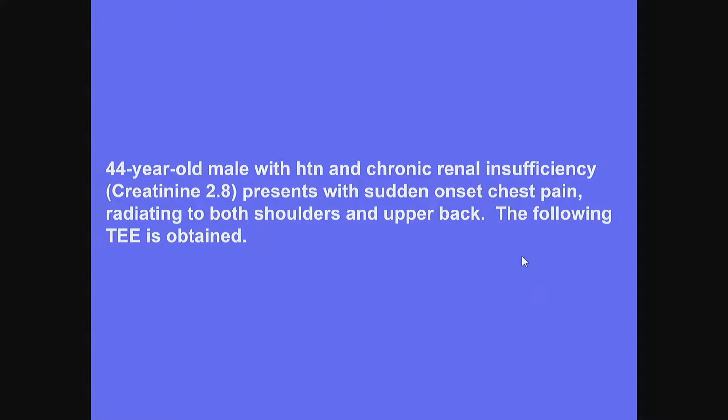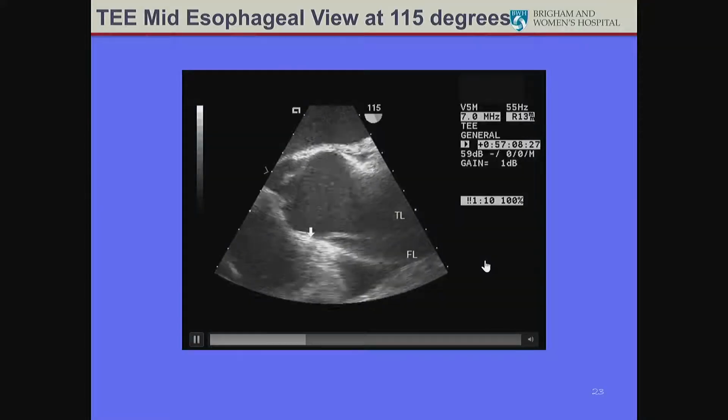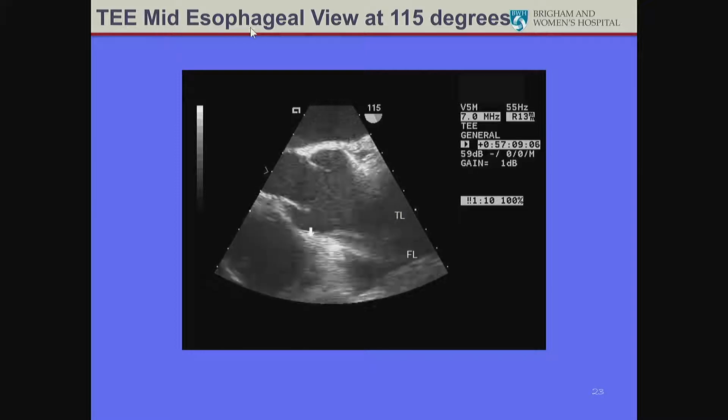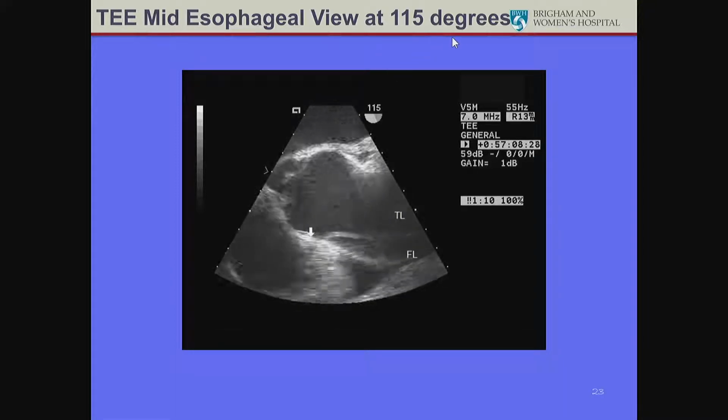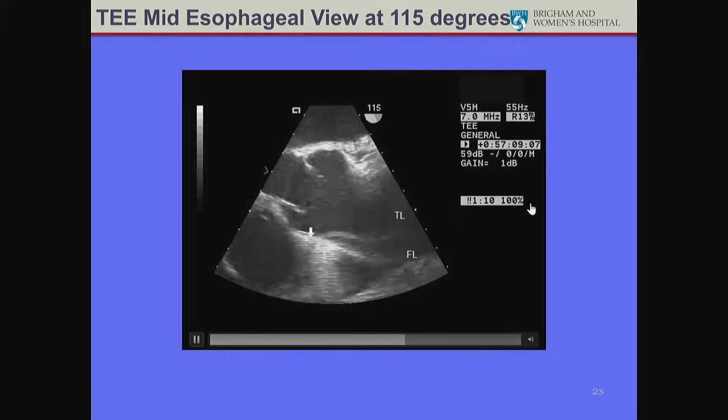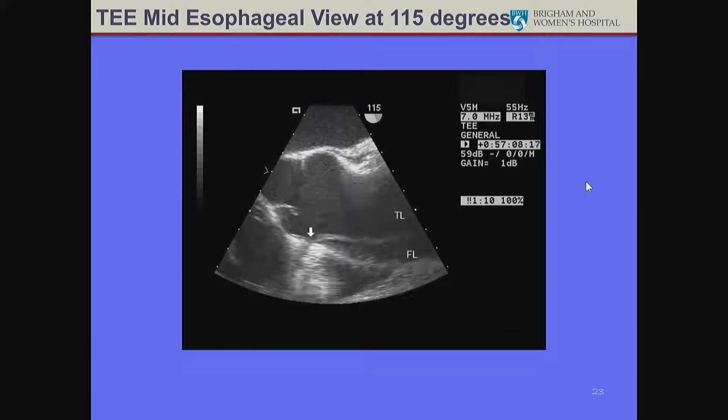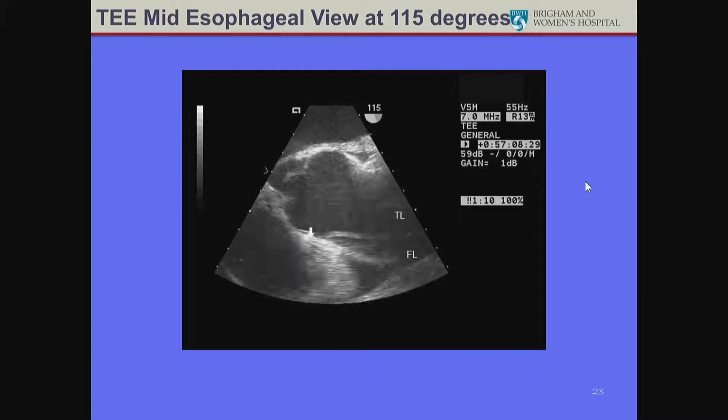This next case is a 44-year-old male with hypertension and chronic renal insufficiency. His creatinine is 2.8, and he presents with sudden onset chest pain radiating to both shoulders and upper back. The following TEE is obtained. So here we have a mid-esophageal view on TEE at 115 degrees of the aortic root and proximal ascending aorta.